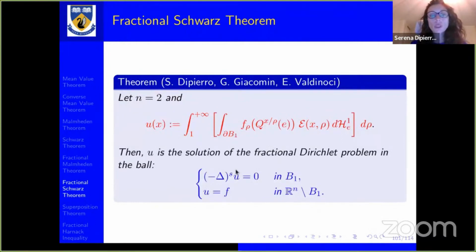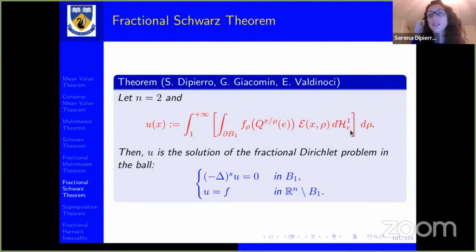And this is a general thing, because if you solve this problem with u equal to 1, your solution will be u equal to 1, because that's an s-harmonic function with exterior datum u equal to 1. So here you would have 1 equal to the integral. Here you would have 1, and so this one here is not there anymore. And so you would have the integral from 1 to plus infinity of the measure of the boundary of B1.